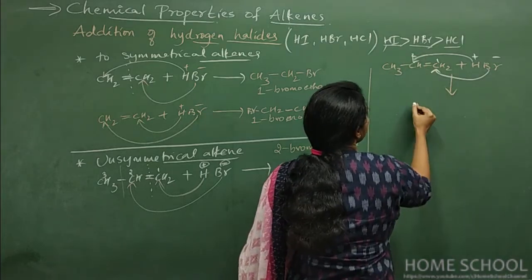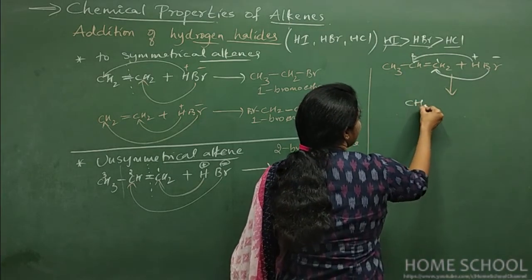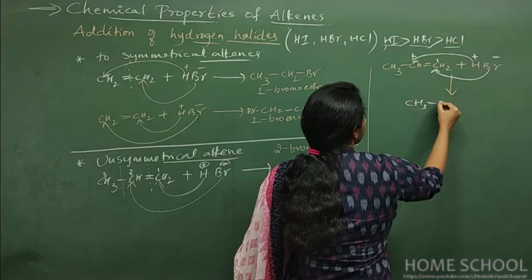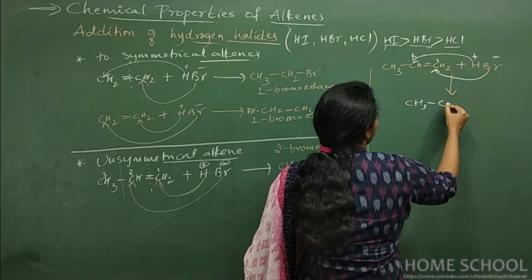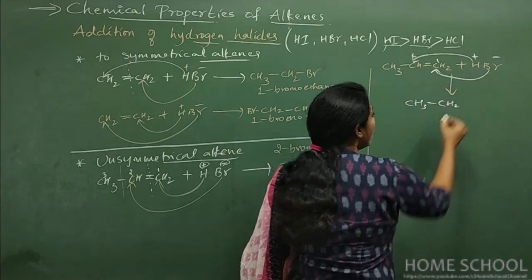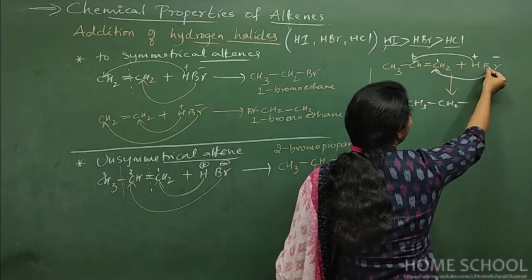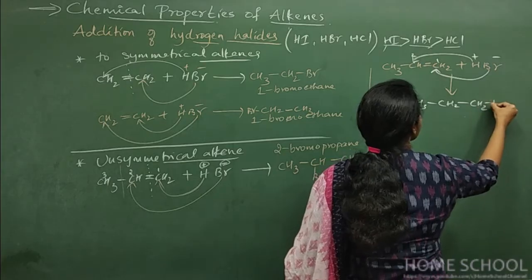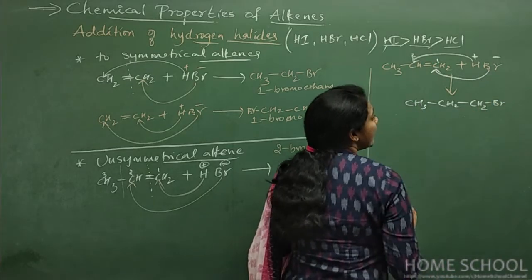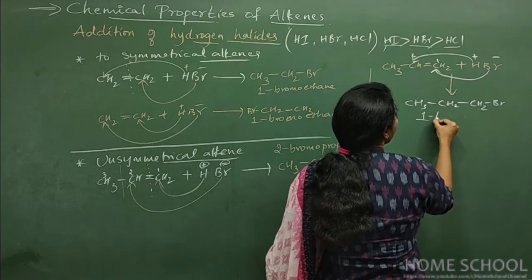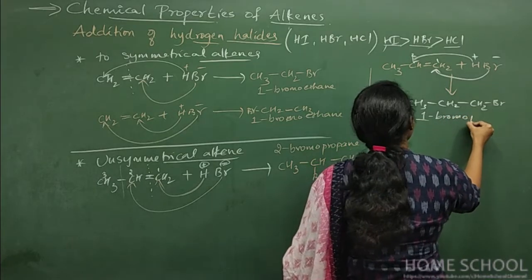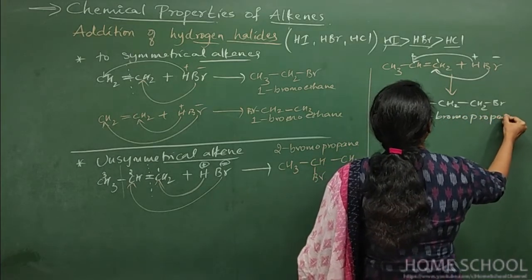What is the product you will get? This fellow remains as it is, CH3. For the second carbon, I'm adding H, so that fellow will become CH2, and the double bond becomes a single bond. For the first carbon, I added Br, so this fellow will become CH2Br. If I name this compound, I will get 1-bromopropane.